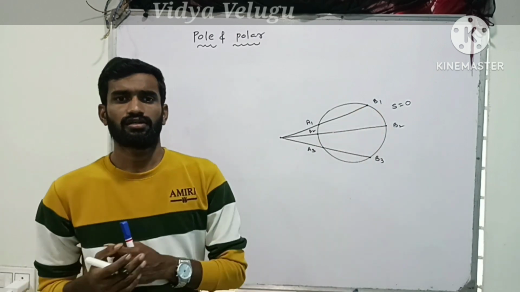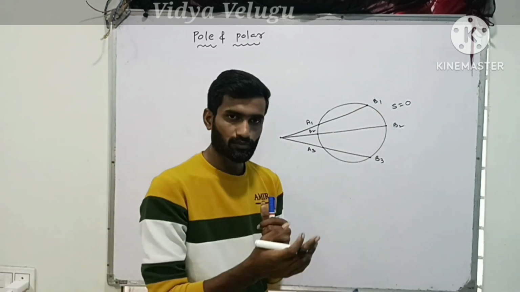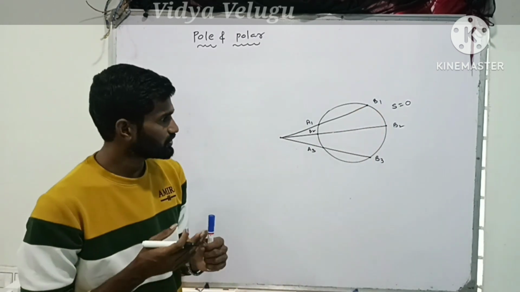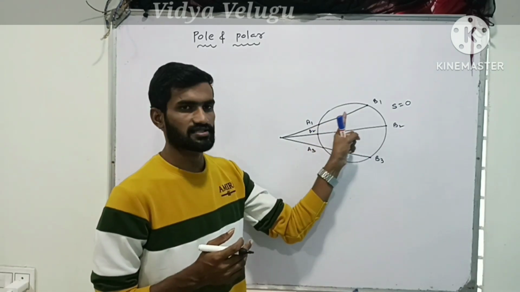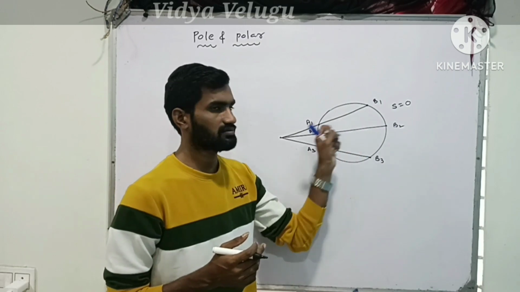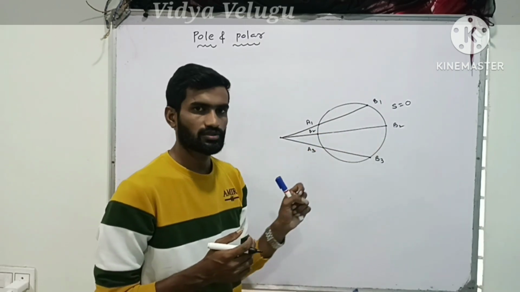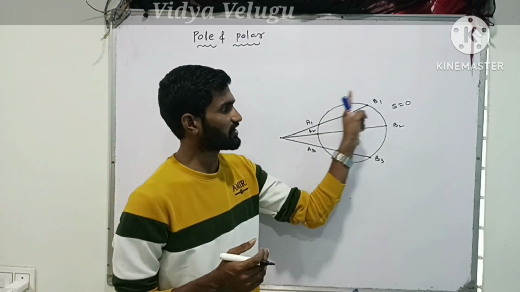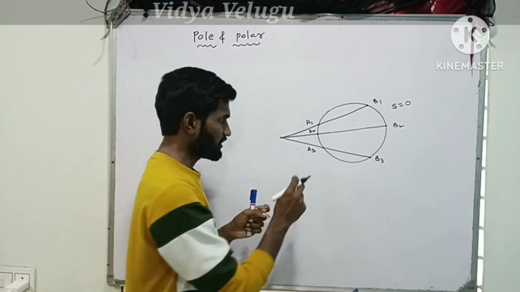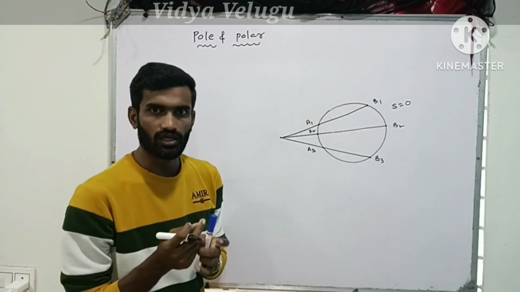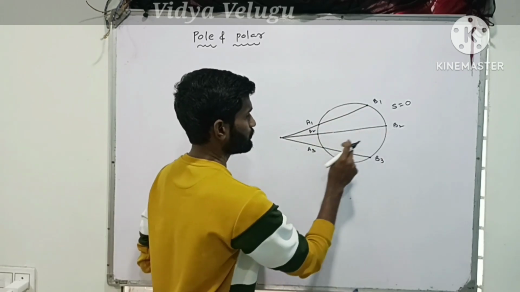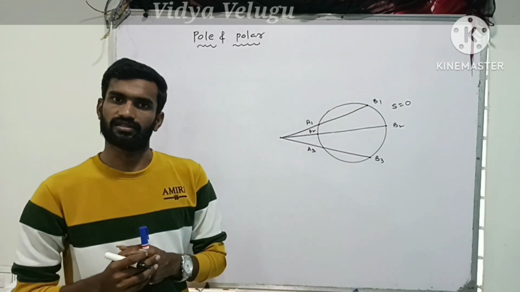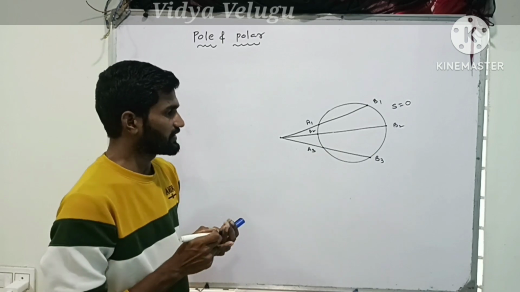Now here, what I am going to do? I am going to draw the tangents for this circle at A1 and B1, A2 and B2, A3 and B3. So let us see what will happen.